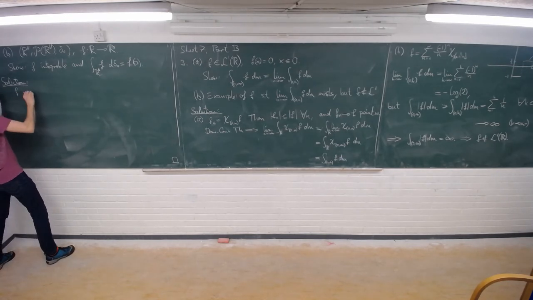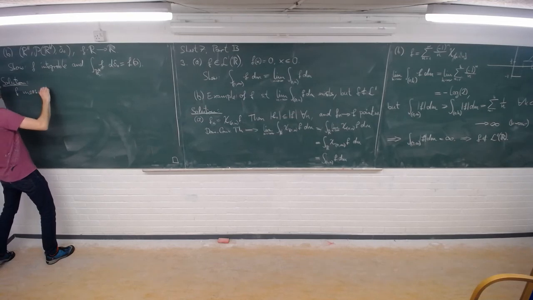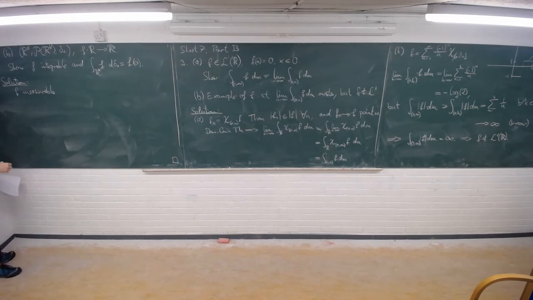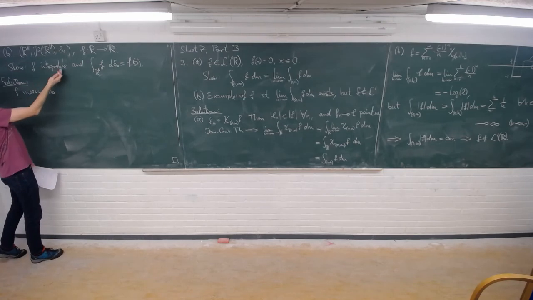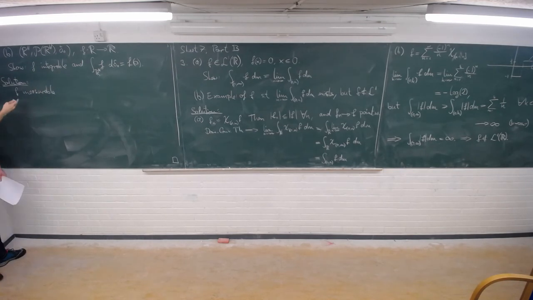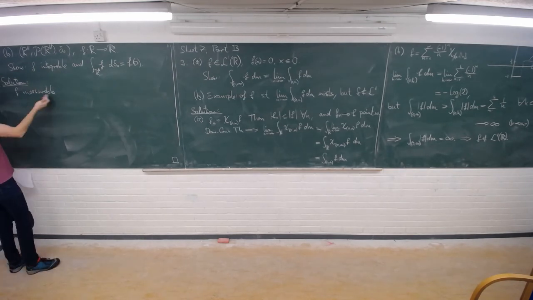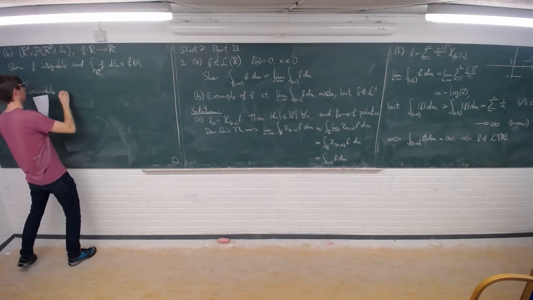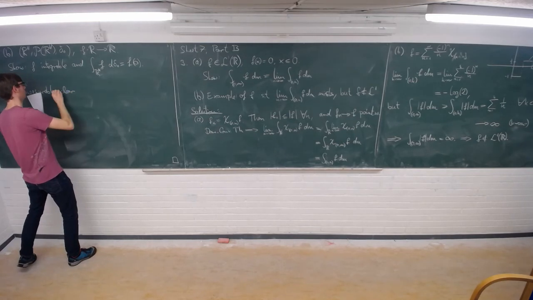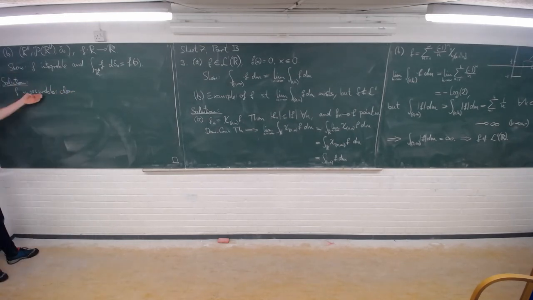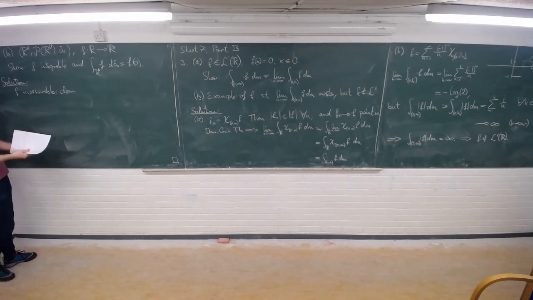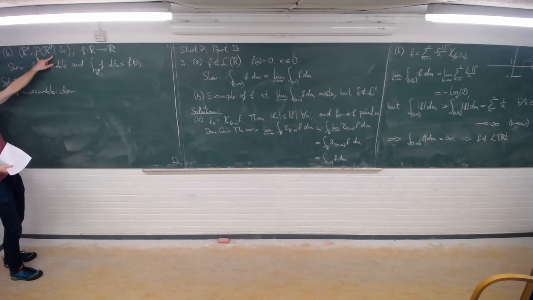First, let's check measurability of f. If we want to show integrability, first it has to be measurable. But measurability is clear, because f measurable means that the pre-images of half-lines have to be measurable. But in our sigma algebra, everything is measurable, every set.